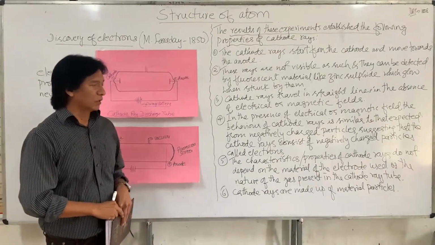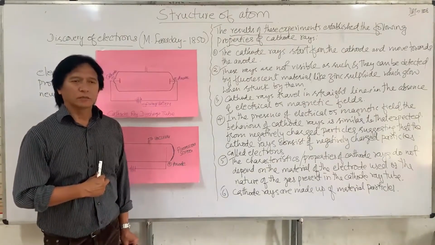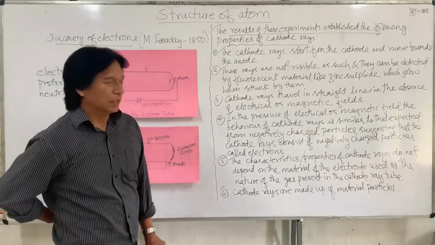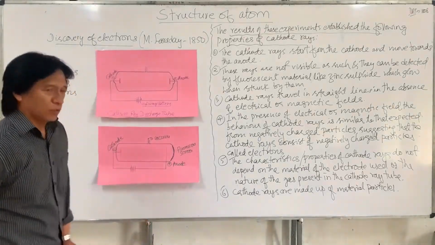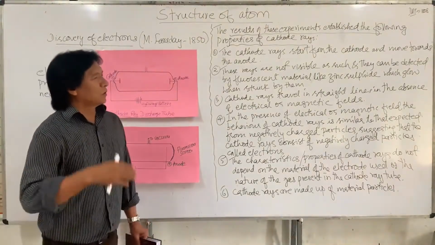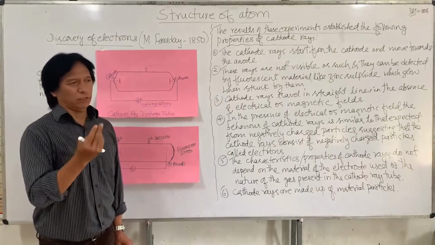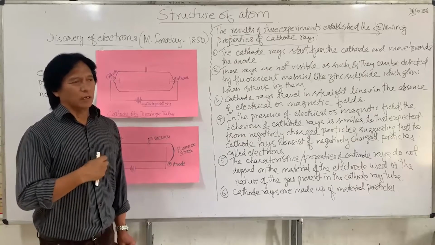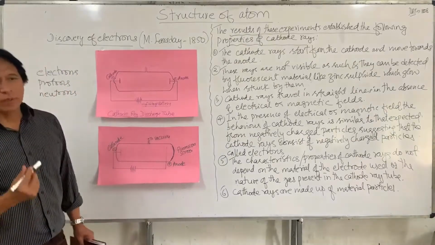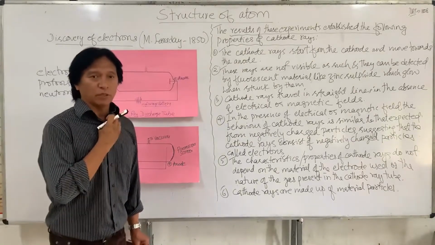Now you remember studying about the atomic theory proposed by Dalton. We call it Dalton's atomic theory, from sometime back in 1808. In that theory, Dalton said that an atom is the smallest particle of an element which is indivisible.